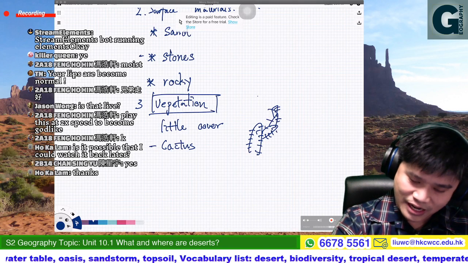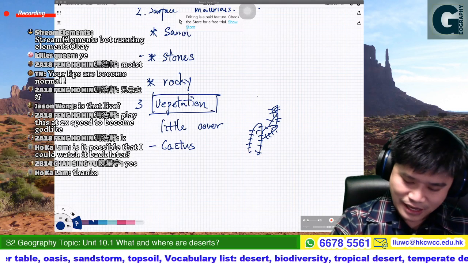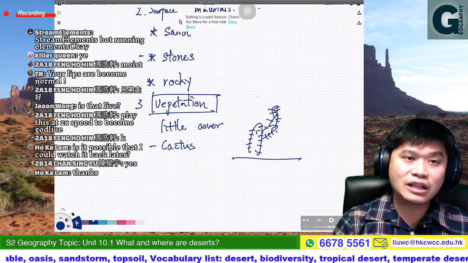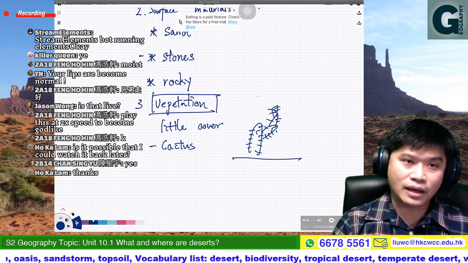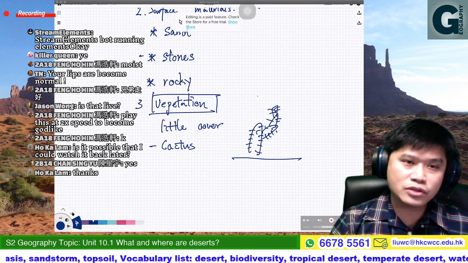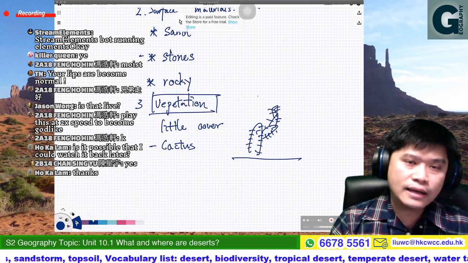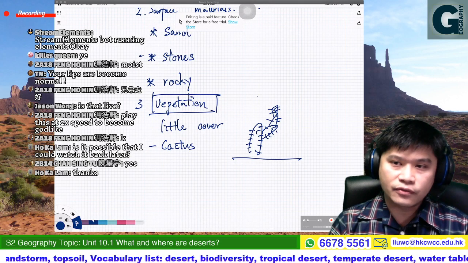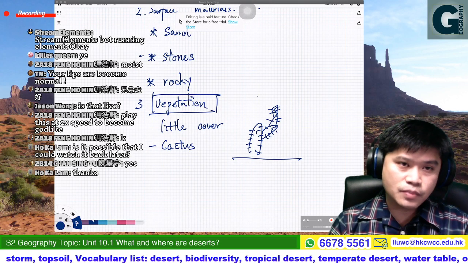For the cactus, you should know that actually this is the leaf of the desert plant, the needle-shaped leaves. Why would the leaves of the cactus be like this?